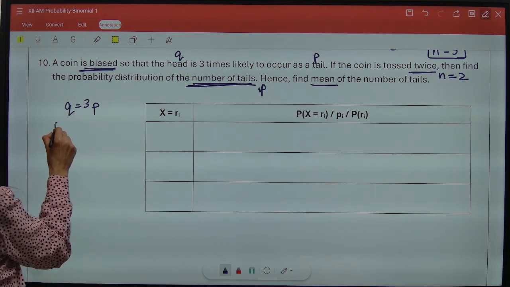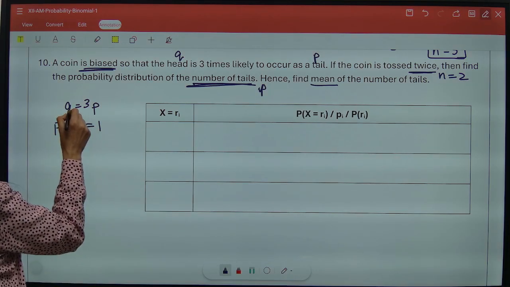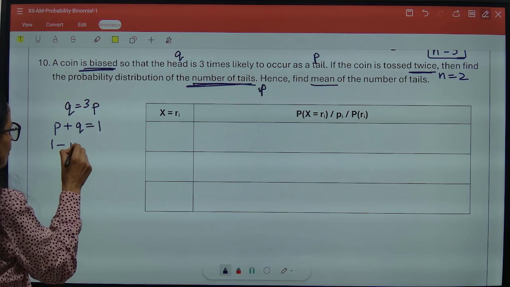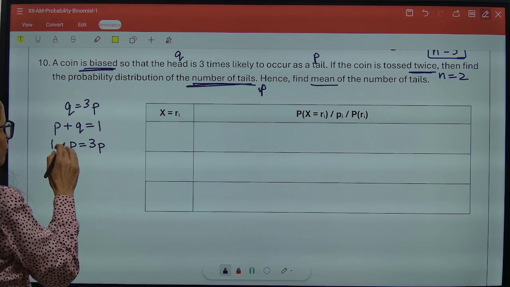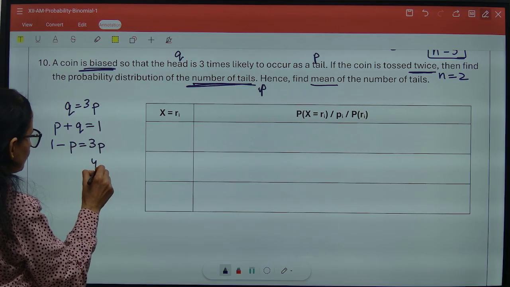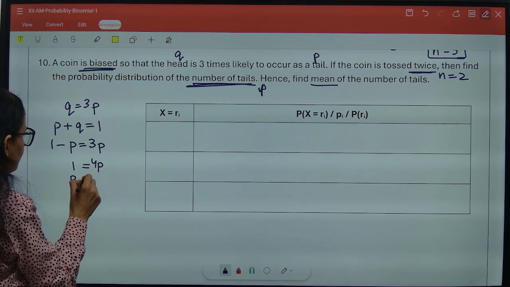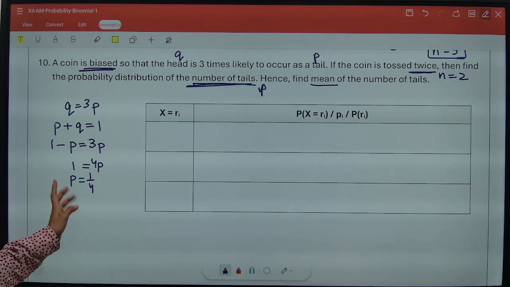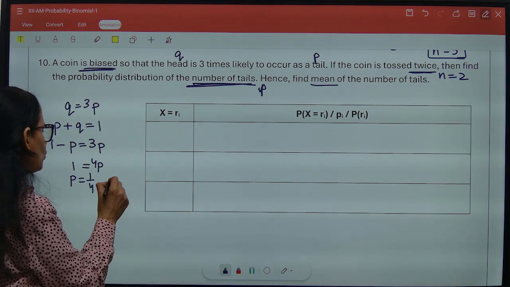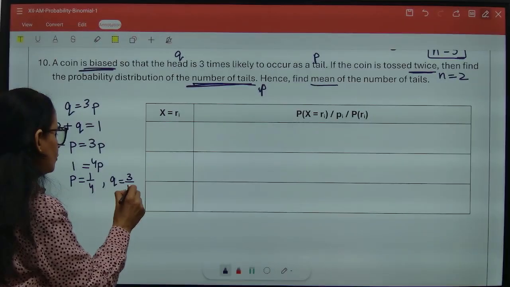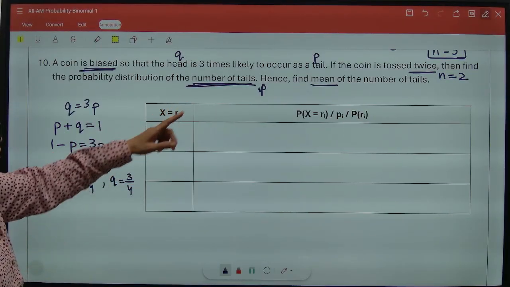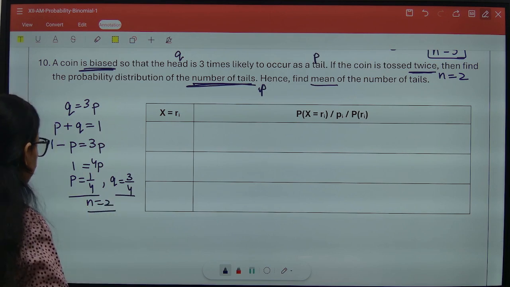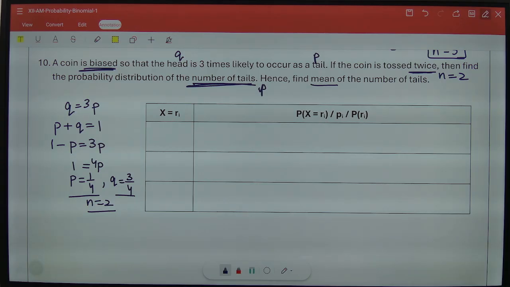So p plus q is 1, so in place of q we put 3p, and p is 1 by 4. So this also means that the value of q is 3 by 4, and n is already given in the question, n is 2. So we have all the three parameters p, q and n.